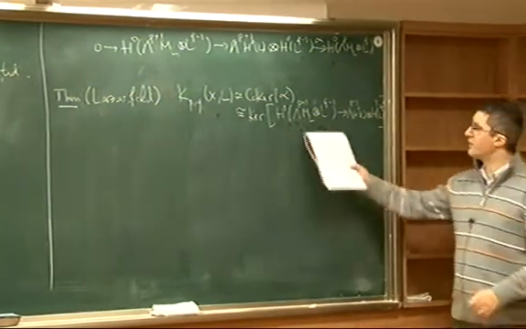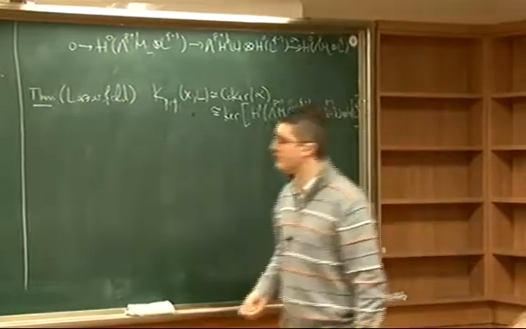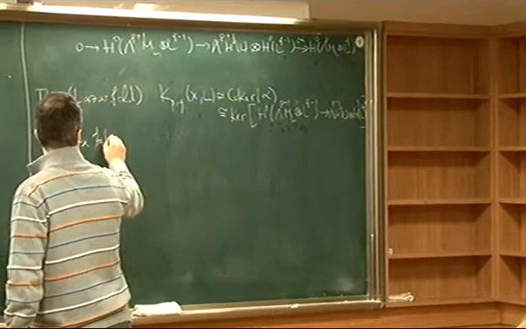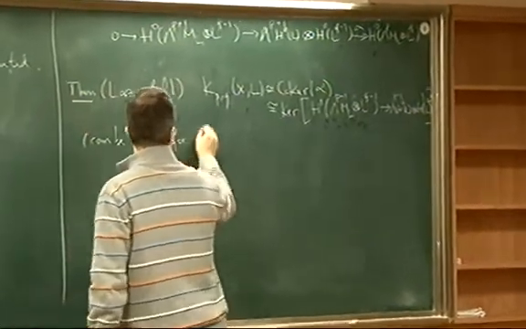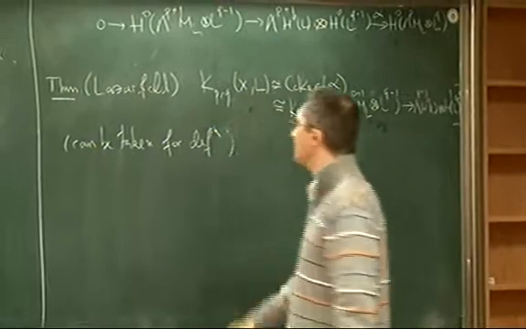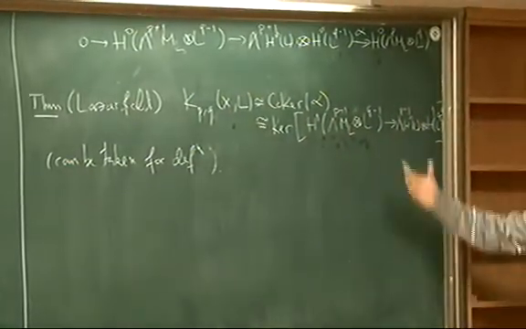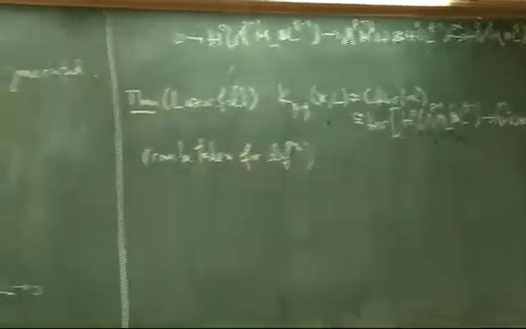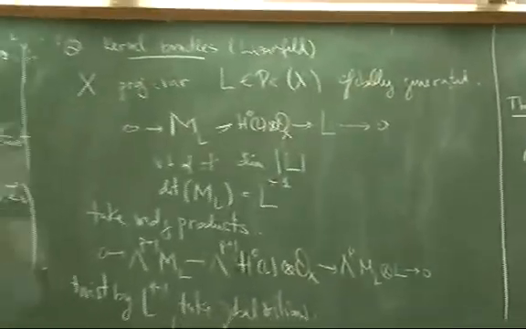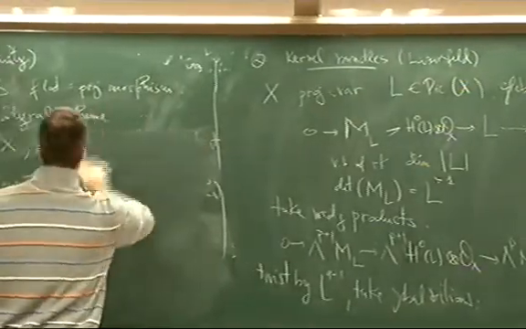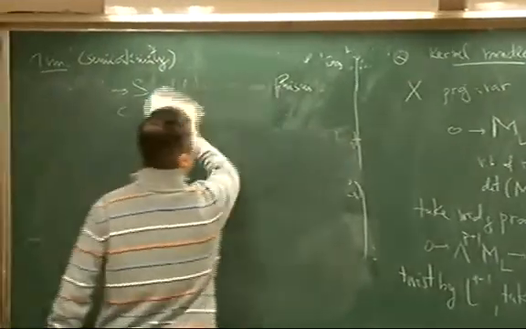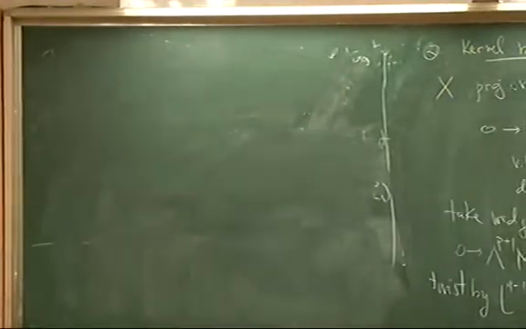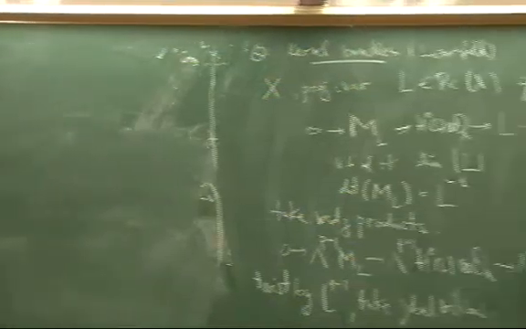However, that's a more geometric description, and this can be taken for a definition of Koszul cohomology. Before we saw that Koszul cohomology is an algebraic object. Now it becomes more geometric. Of course, we can play the same game.